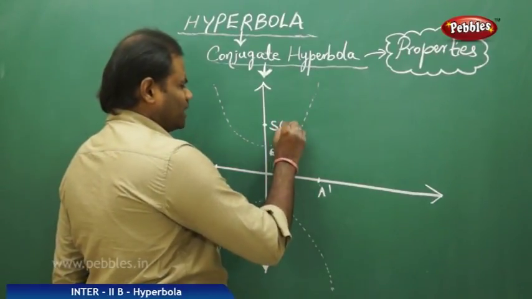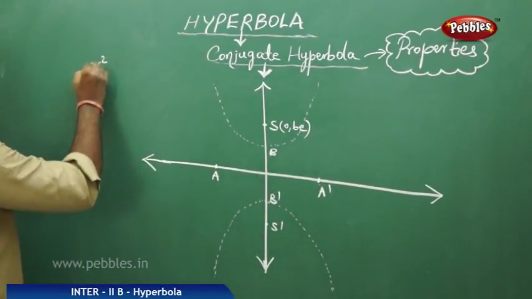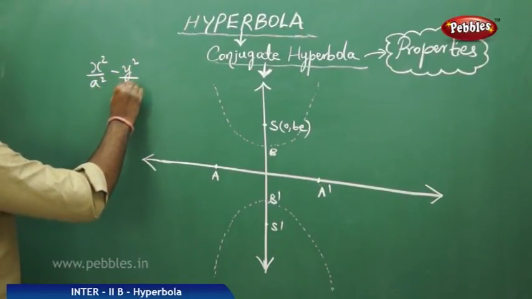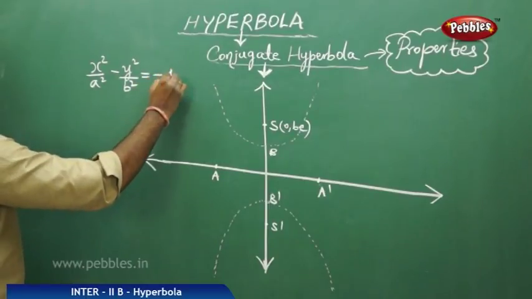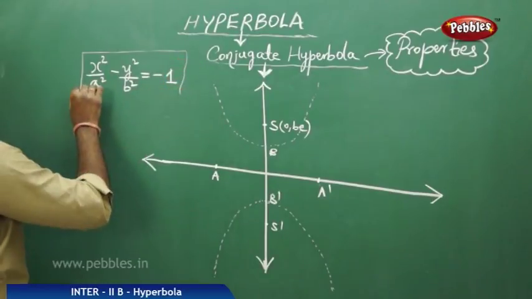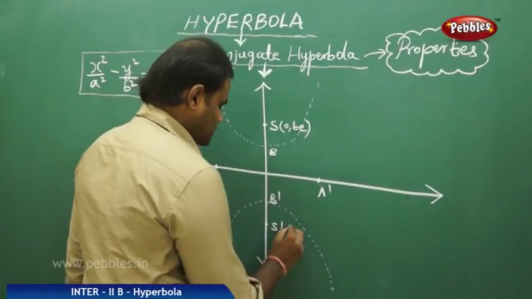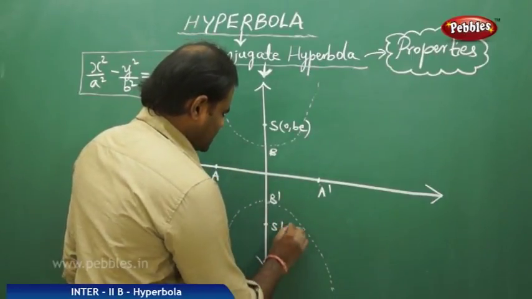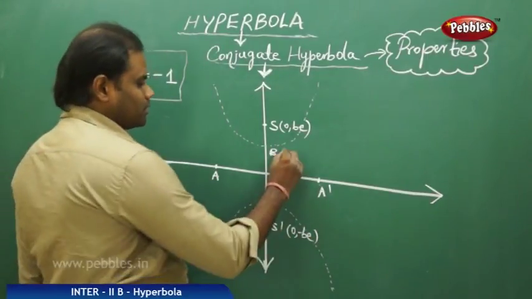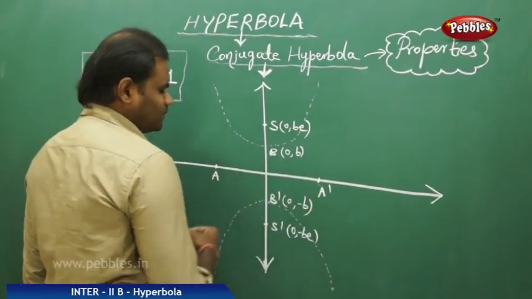Now the foci of conjugate hyperbola are 0, ±be, with equation of conjugate hyperbola x squared by a squared minus y squared by b squared equals minus 1. So here S is this, and S dash is 0, minus be, and coordinates of B are 0, b and 0, minus b.